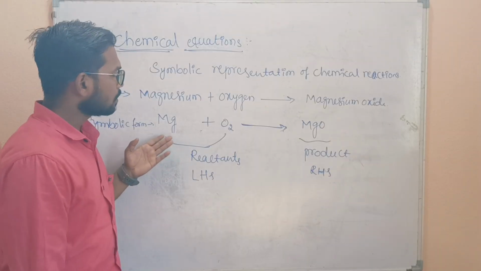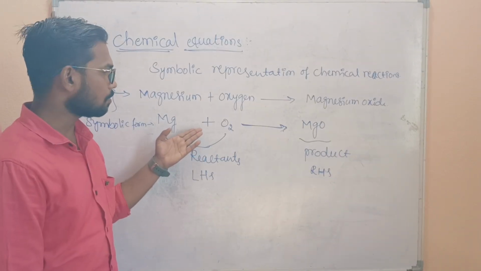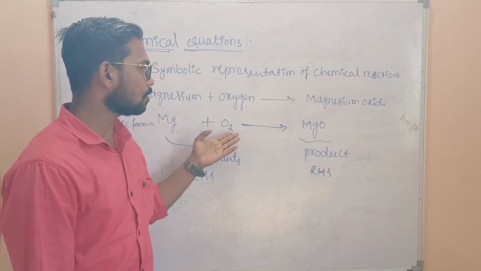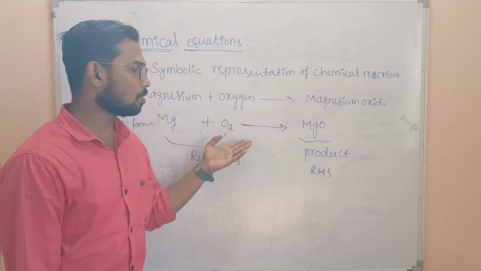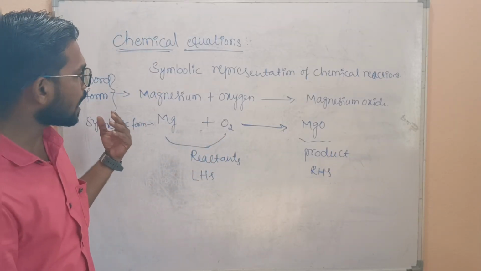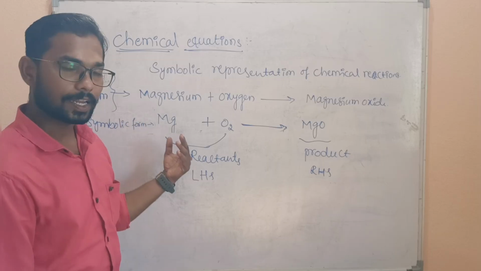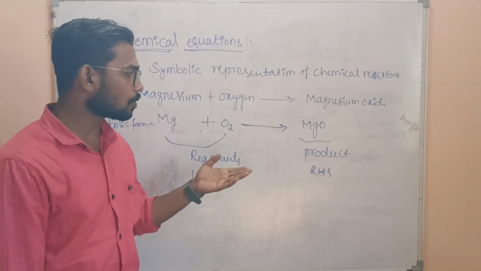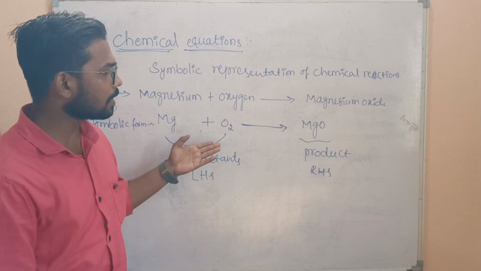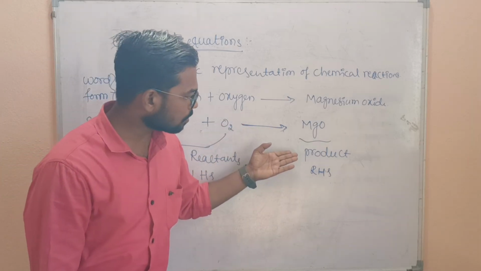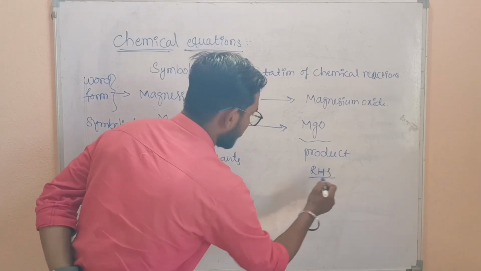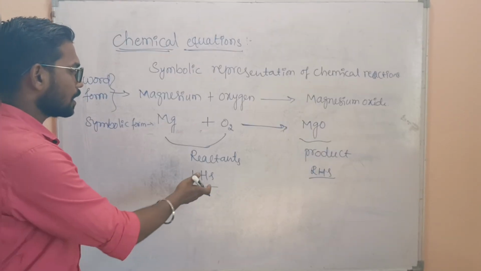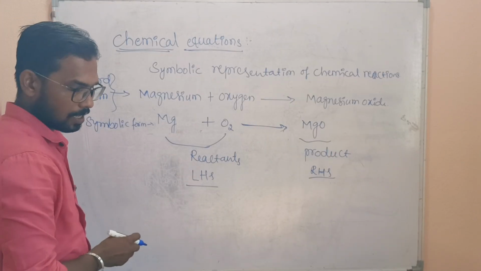So the left hand side of the arrow mark will be the reactants, and the right hand side of the arrow mark will be the product side. The product side is represented by the RHS, and the reactant side by the LHS. So these are the reactants and these are the products.